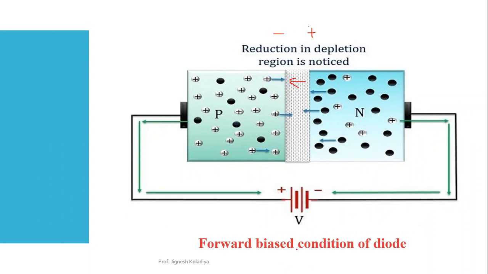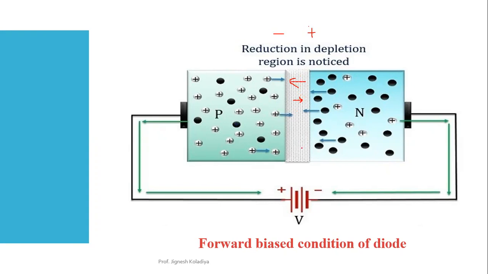The supply you connect is opposite to this polarity, and that creates field intensity in the opposite direction, so they cancel each other.